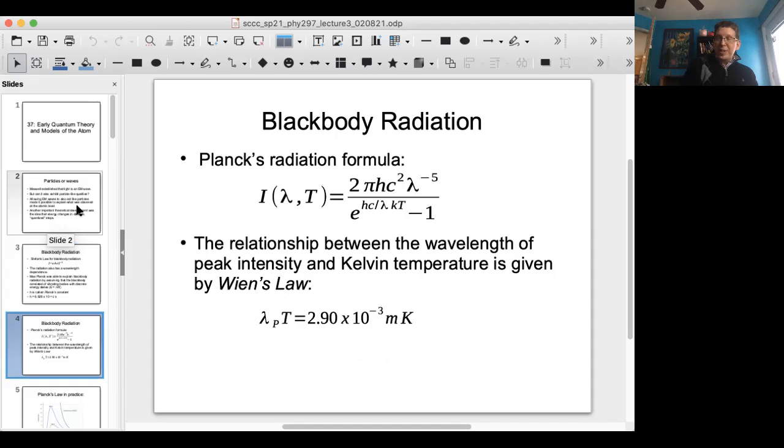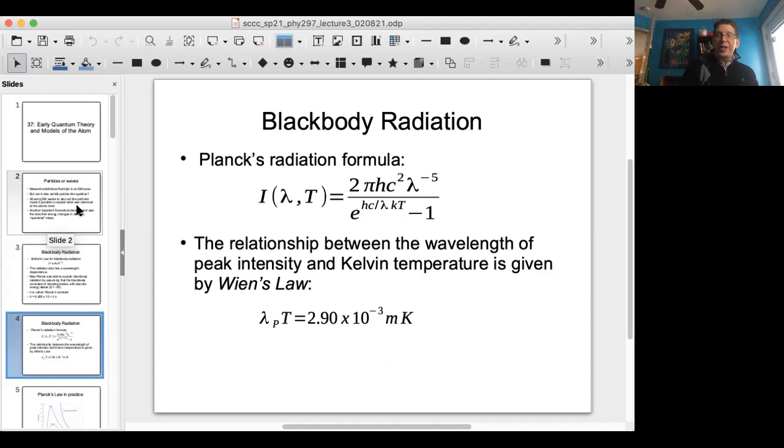Starting with that assumption and doing the math, he came up with the radiation formula for a black body as a function of both wavelength and temperature. And it's a fairly complicated function, although if you integrate it, you wind up getting the Stefan's law we showed in the previous graph.